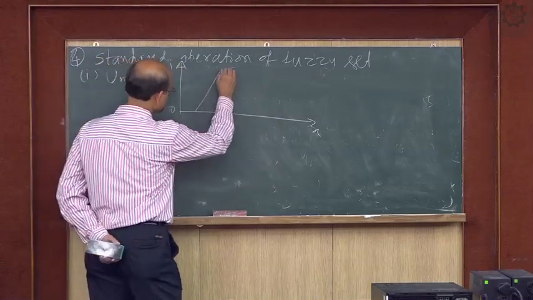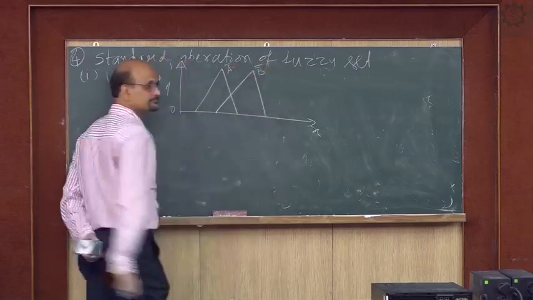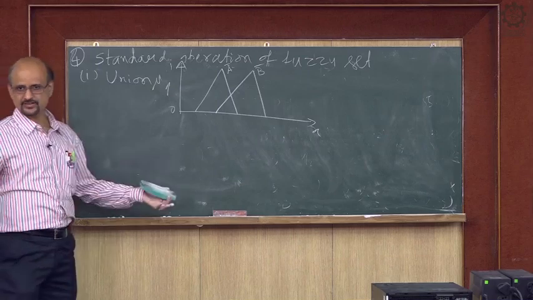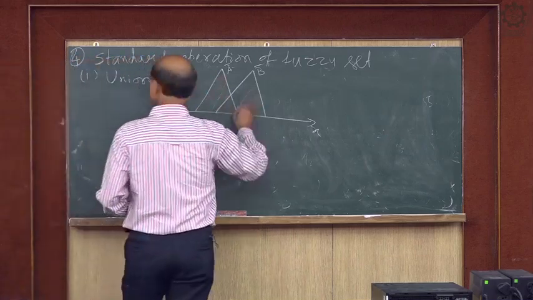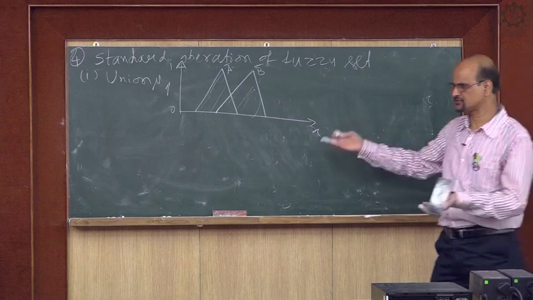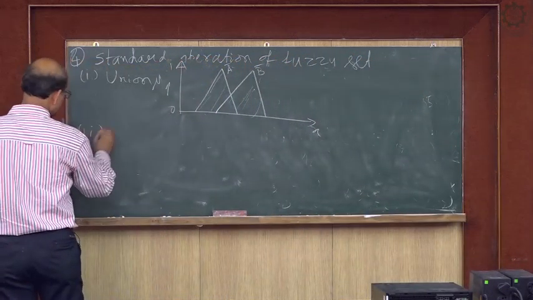If I have suppose two fuzzy sets like this, A bar and B bar, you take all those combinations, you will get all these, very simple. Crisp also we do like this, no problem. So, second is intersection.